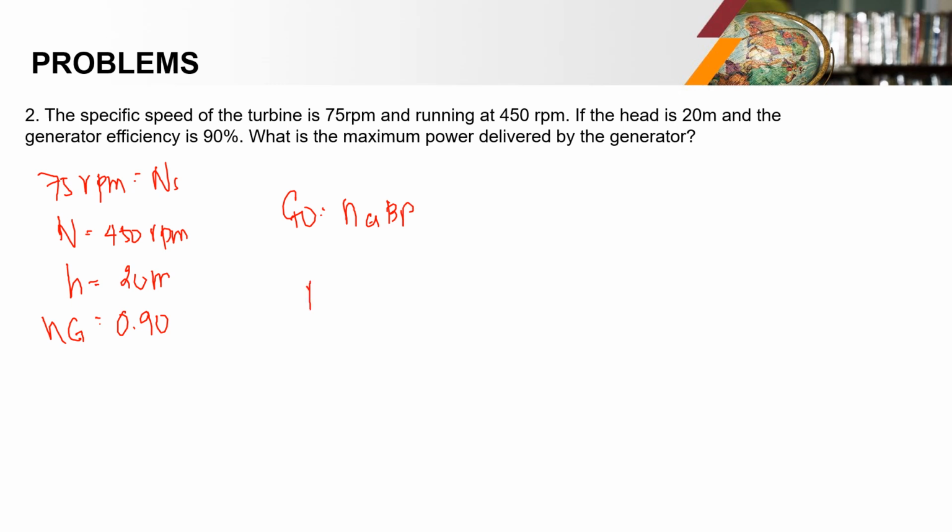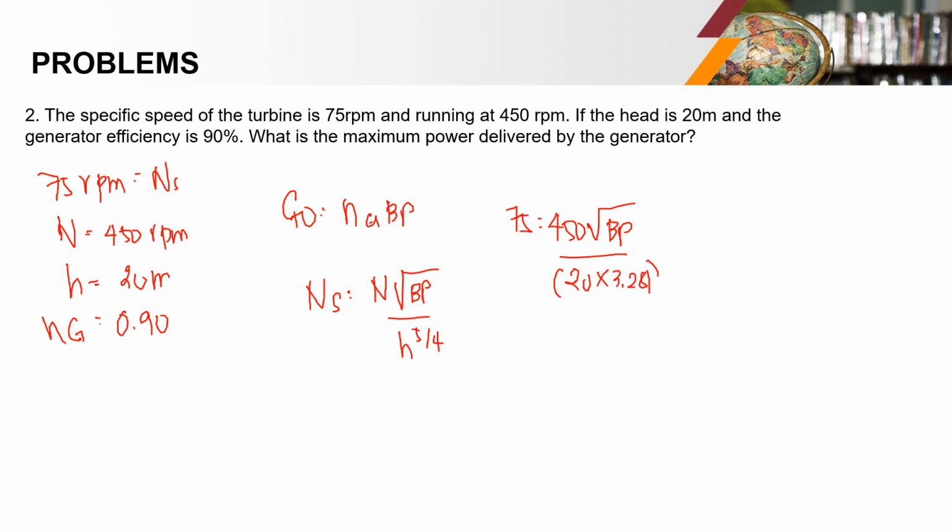Yung brake power natin, makukuha natin sa Ns is equal to N times square root of the brake power over the H raised to the 5 over 4. Okay? So, para makuha natin yung brake power, gawin natin si Ns is 75 equivalent to 450 times square root of the brake power over H, which is 20 meters, since meters yan, times natin ang 3.281, raised to 5 over 4.